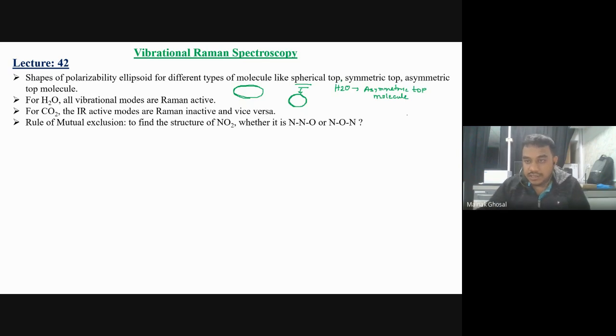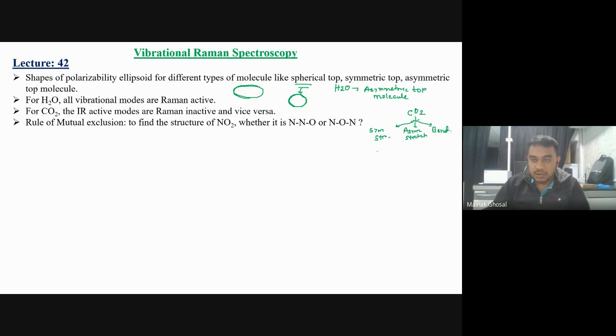CO2 is a linear molecule, so three different vibrational modes are there: one is symmetric stretch, one is asymmetric stretch, and another is bending.